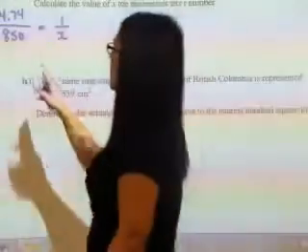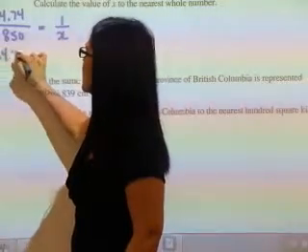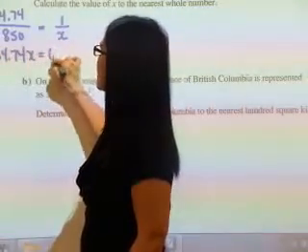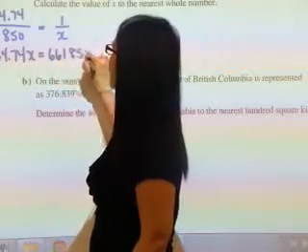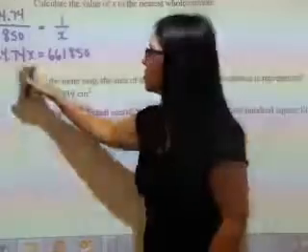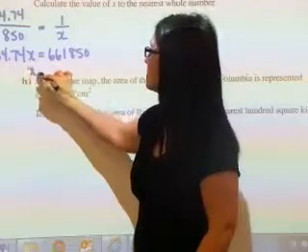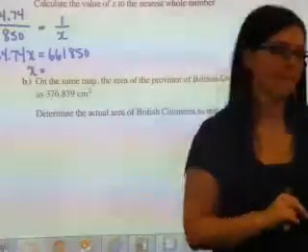What do I get? I'm going to cross multiply. 264.74x equals 661,850. And then I have to divide both sides by 264.74. What do I get when I do that?